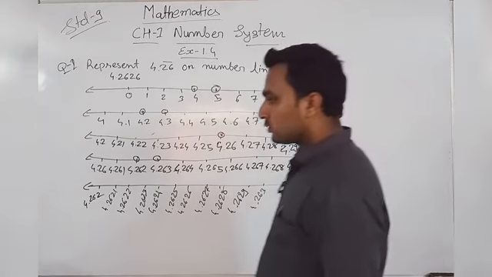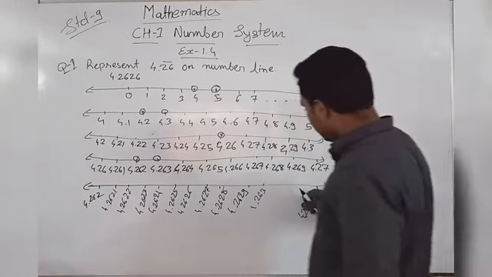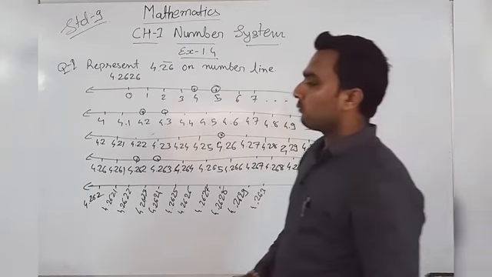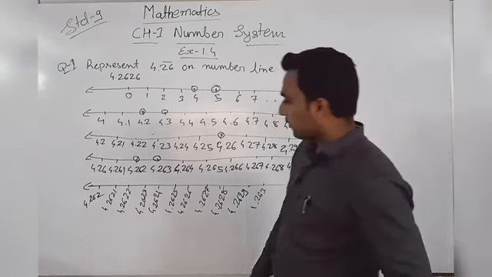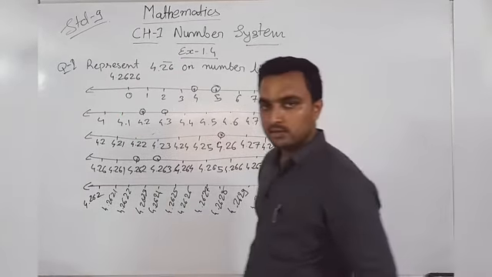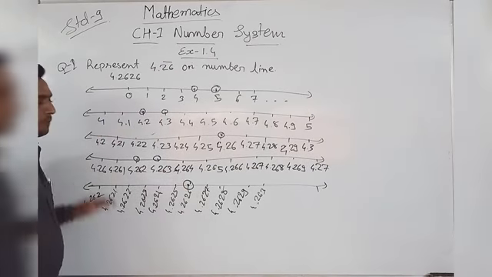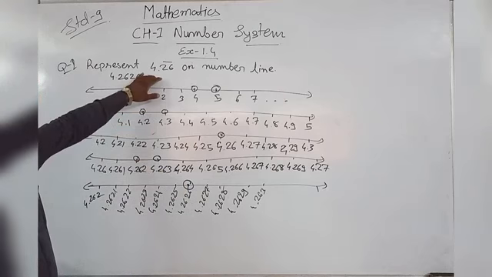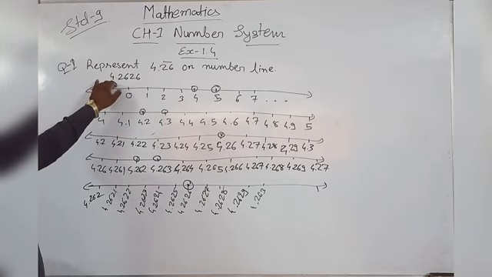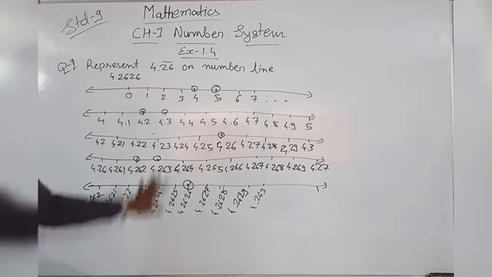Clear? Now again see that we need 4.2626. Where is 4.2626? It is here. So I will highlight it right over here. This is the representation of the number 4.2626 on the number line.